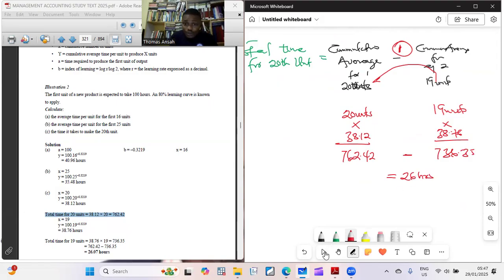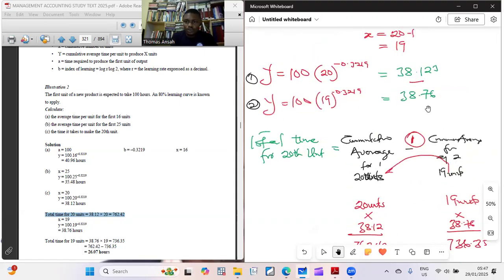So you can also confirm the figures from your end. It is 26.07 hours. So for 20 units, for 19 units, and per each unit, this was what you were getting. So the average is what you had.